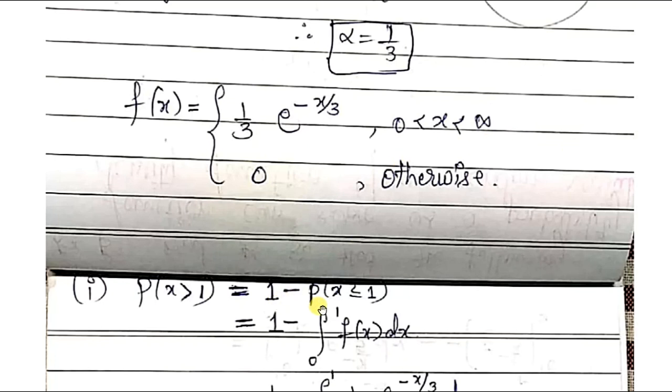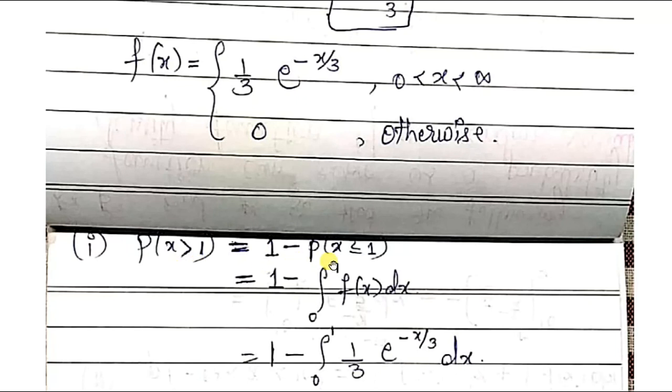This relation will help us: we can write it as 1 minus P of x less than or equal to 1. I told you this relation in our earlier videos. If it is greater than, then on the other side it will be less than, and the equal sign will be included. I hope this is understood.